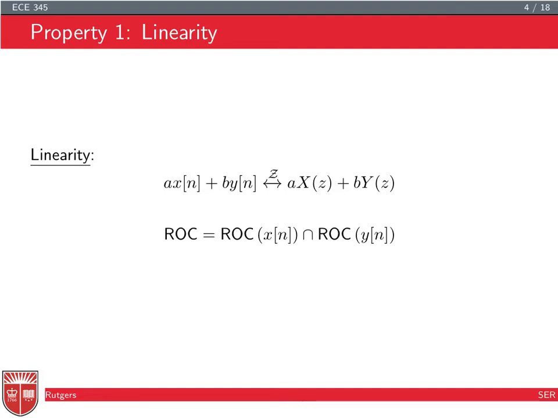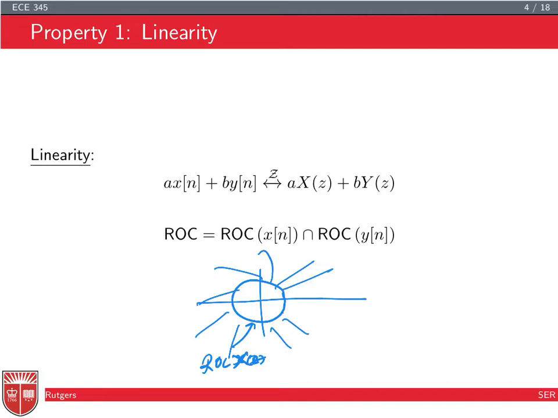Just to give you a quick example, let's suppose x of n is right-sided, so this is the ROC of x of z, the outside of the circle. And let's suppose y of n is a left-sided signal.